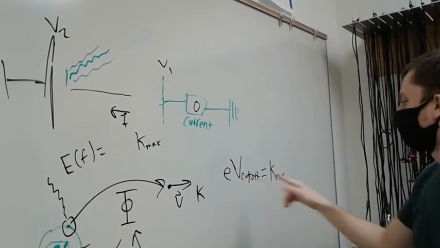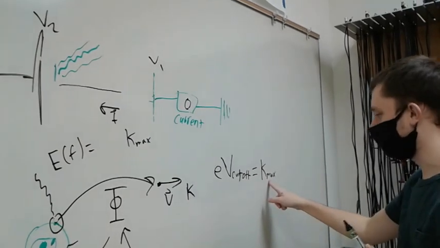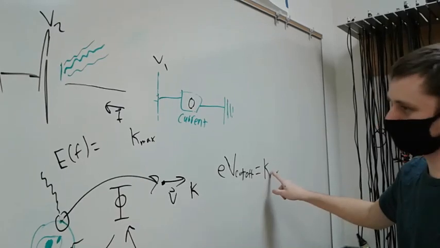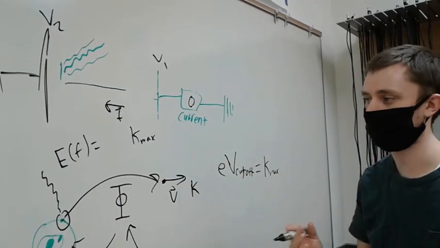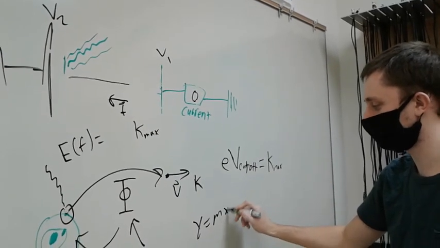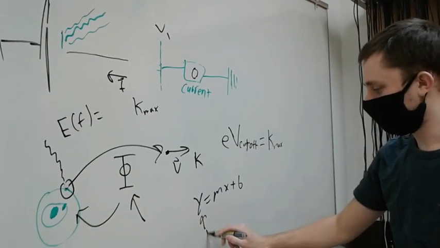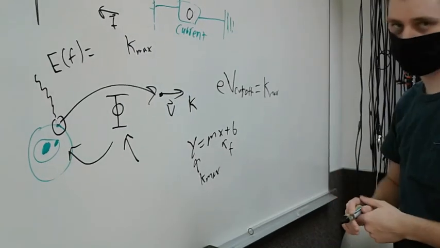If we can measure this, we can find that, and once we know that, we plot frequency against it. In this section you should have derived a linear formula between them. Linear is just the slope of a line, right? y equals mx plus b. In this case, y would be K max, and x would be the frequency.